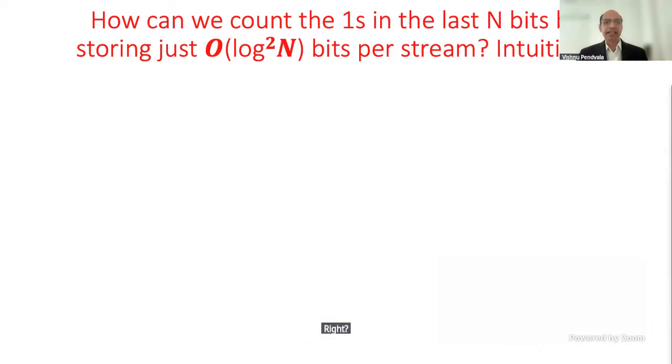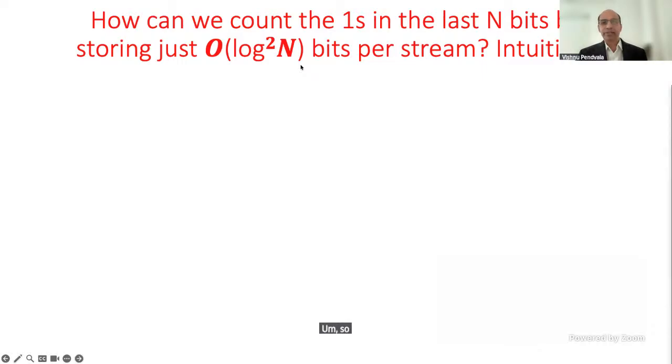Here we are looking at the complexity in terms of the number of bits, because that also is a challenge for streams. Storing n bits is impossible, so we want to store in the order of log squared n bits.